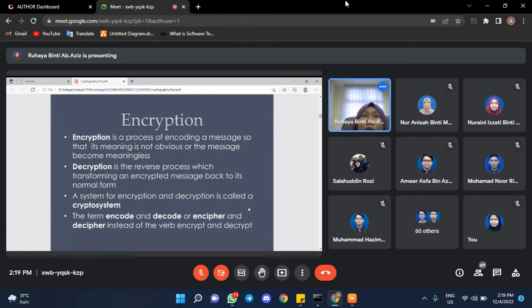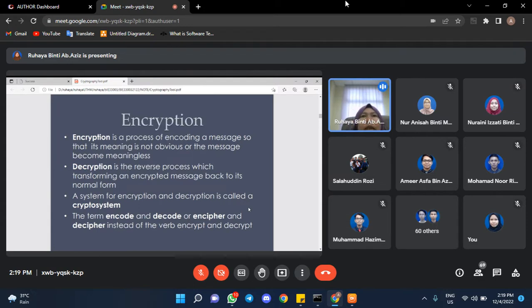So it changes the shape, the way the message is sent. It goes from plain text, the text that you can read. For example, you want to send an email, a message to your friends.